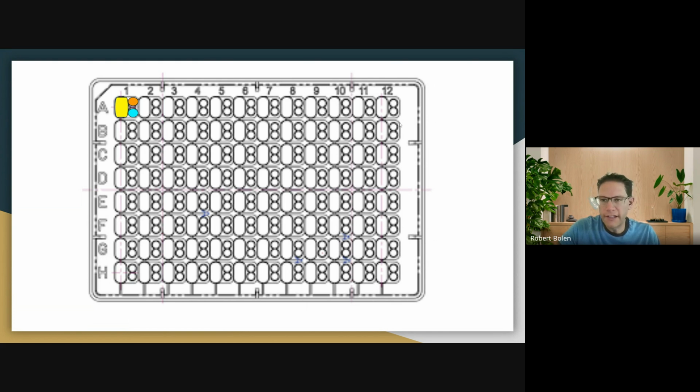So you can put 96 conditions in here, and then these two small dots represent where drop 1 and drop 2 would go. Drop 1 would be in the orange and drop 2 in the blue, and those would be where you would set up the protein conditions. So technically you can do 96 conditions for protein 1 and 96 conditions for protein 2. And so that's how they have this set up.